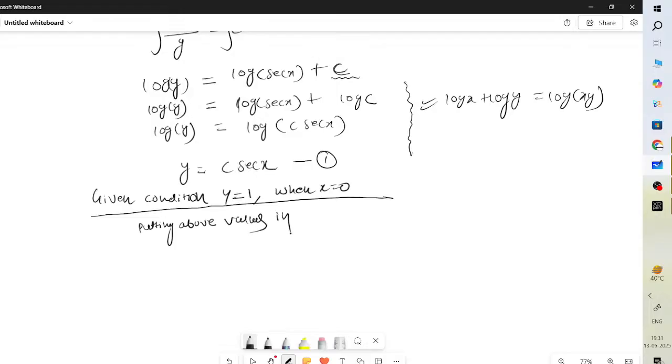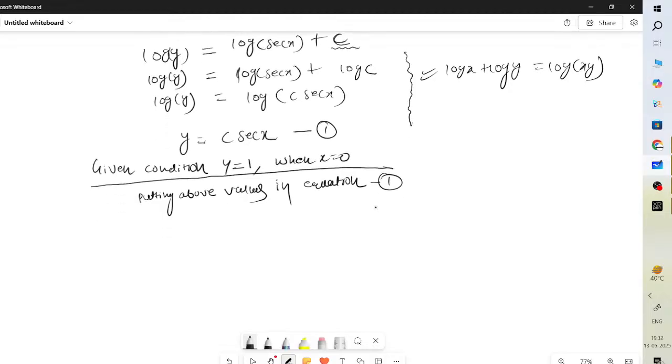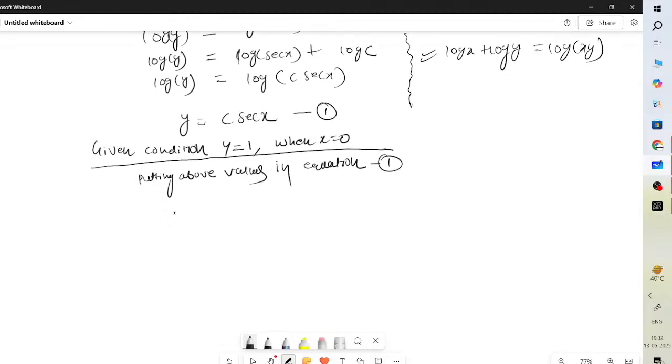In equation 1, we then get y equals c sec 0. Can you tell me the value of sec 0? Which is 1. So c times 1 is 1. Value of c is what? 1. Okay.